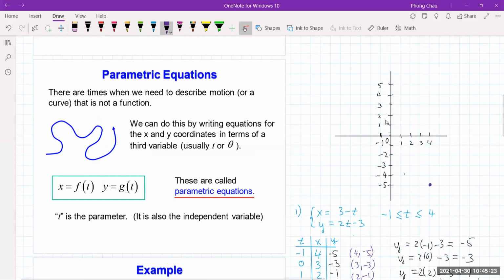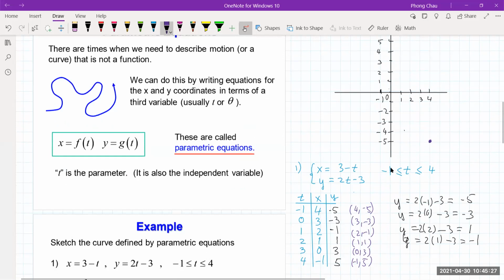So I have the xy plane drawn. And let me start plotting the first point. I think I did it over here. 4, -5 is this point. The second one is 3, -3, so 3, -3 is this point. The third one is 2, -1.